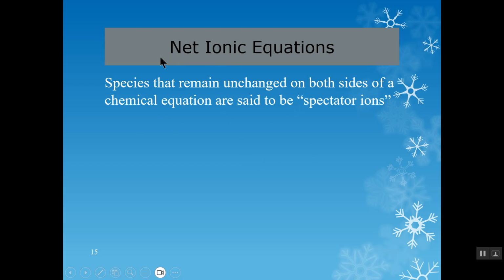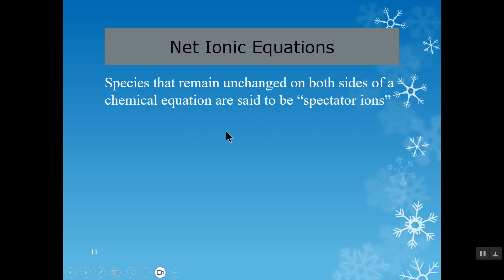Now, this is important because it actually shows what is going to happen in terms of the species reacting with each other, and basically any other species that does not involve themselves in the basic underlying reaction, we call them spectator ions, right? So as stated here, species that remain unchanged on both sides of the chemical equation are said to be spectator ions.